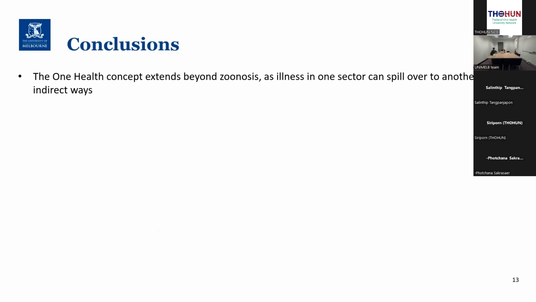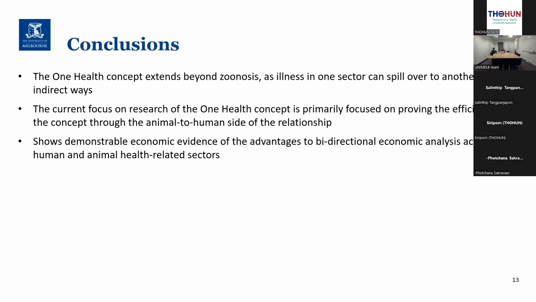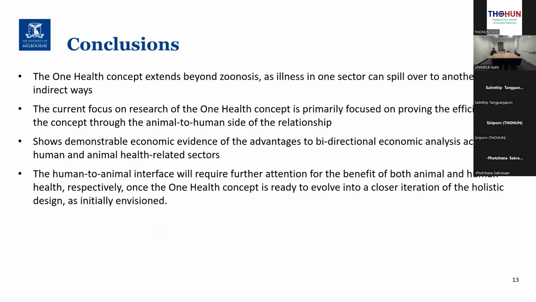So the One Health concept extends beyond zoonoses, as illness in one sector can spill over to another in indirect ways. The current focus on research of the One Health concept is primarily on proving the efficiency of the concept through the animal to human side of the relationship. So this is critiquing again that environment's being left out in a lot of the work. It shows demonstrable economic evidence of the advantages of bidirectional economic analysis across human and animal health related sectors.